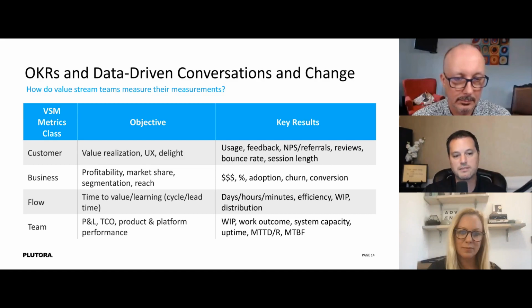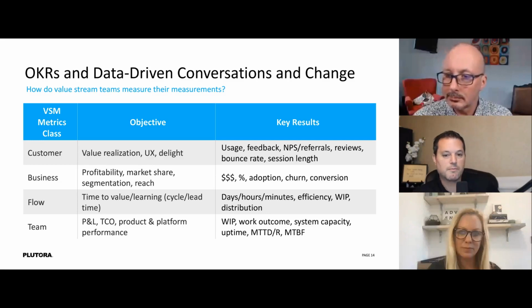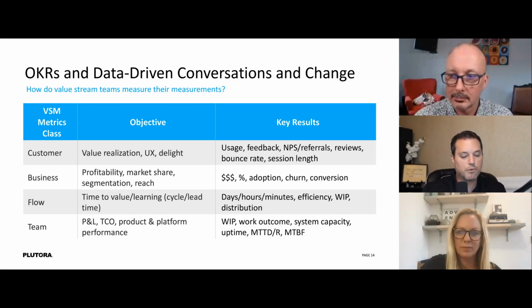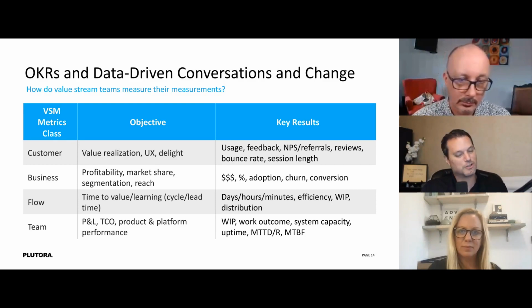The VSM class of metrics that discuss that are flow. Value stream flow metrics that look at how long it takes to push things through the pipe, from a lead time, efficiency, throughput, work in progress, what kind of distribution. And then ultimately we can get down to team metrics of how individual teams are performing, from a capacity, what's our availability, even to a DevOps perspective of what's our deployment frequency, what's our mean time to recover, and how long does that take?